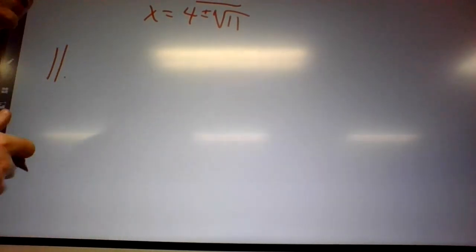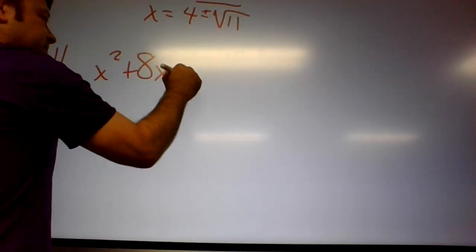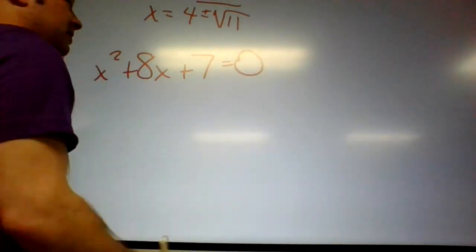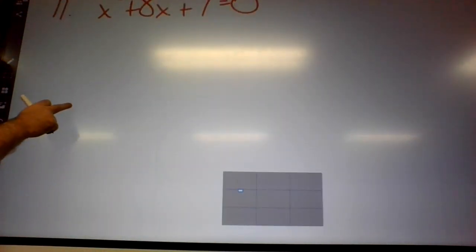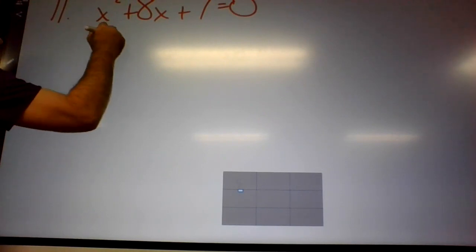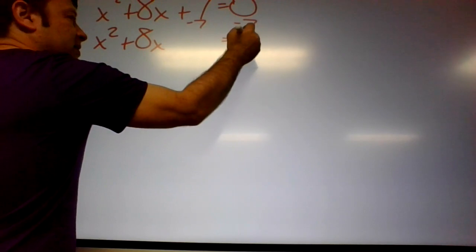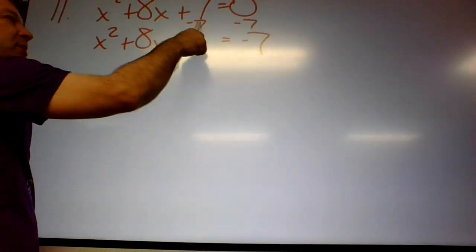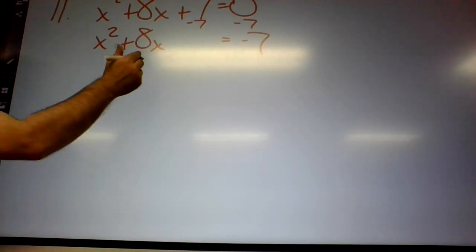Okay, 11. I'm sure we forgot this one. We only did this one day. Completing the square. You guys think you might remember this one? Unlike the other ones, we actually want the constant on the other side, so you move that 7 over. And then what do we put in this blank right here?